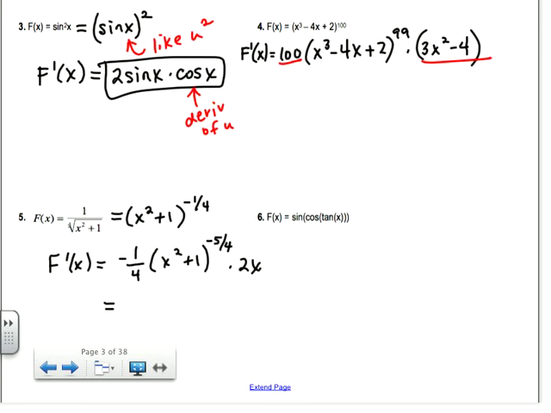The only thing I would really do here is combine the negative 1/4 and the 2x, because the numbers reduce, 2 and 4 make 1/2. So it's negative 1/2. And if you have a negative power, you can leave it on the top as a negative power, or you can put it on the bottom as a positive power. It doesn't matter. So you can do 5/4, or you can do the 4th root raised to the 5th.